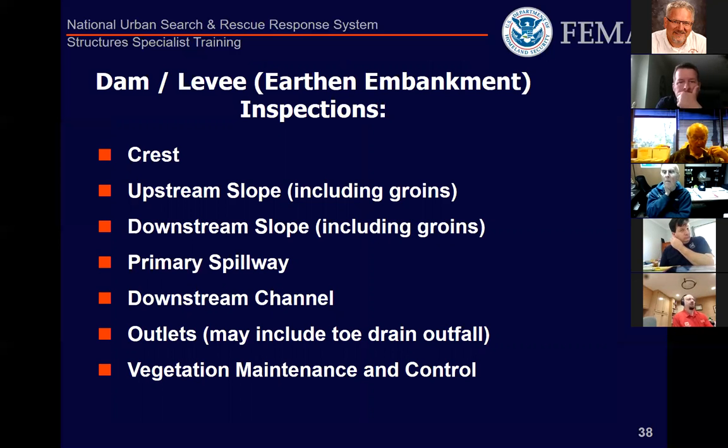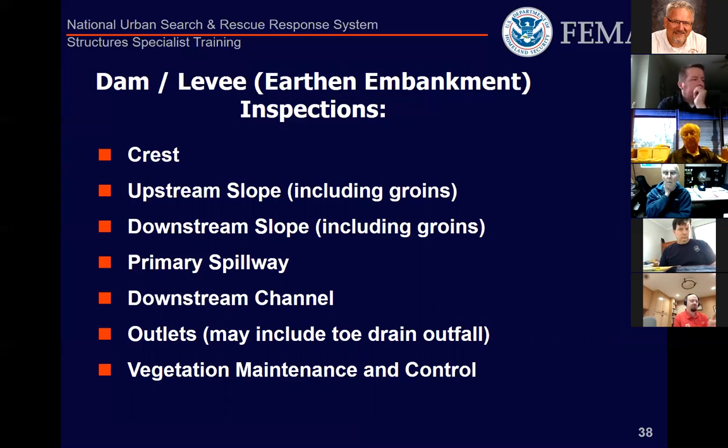All right, when we do our inspections for dams or levees, this is the order that follows that form. Your crest, your upstream. You need to remember you've got to do the groins on both sides, upstream and downstream. Look at your spillway, and you may have multiple spillways. Look at your channel, which is looking at your outfall.